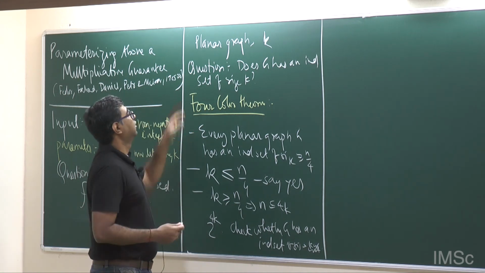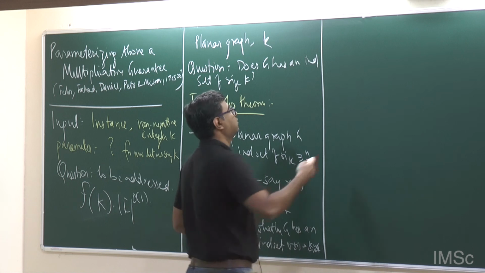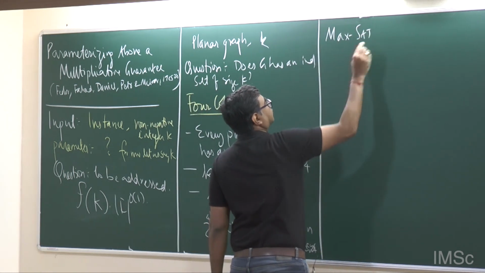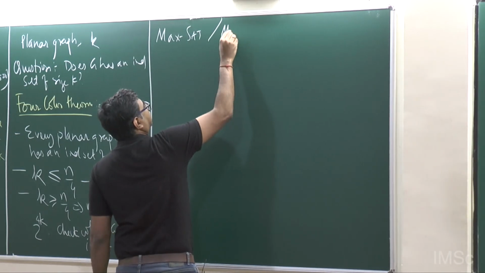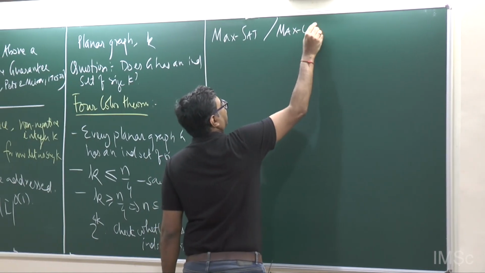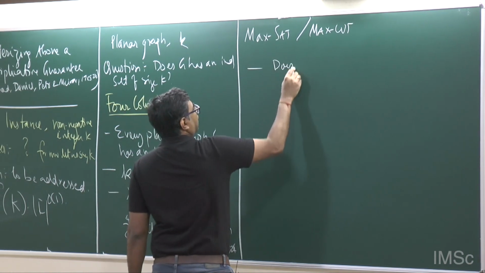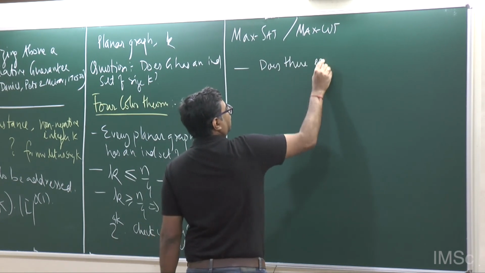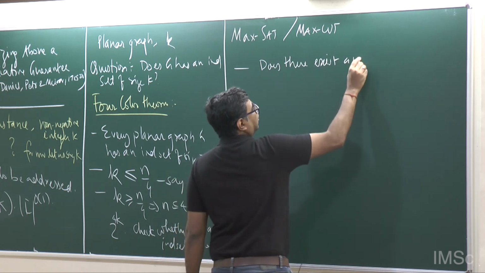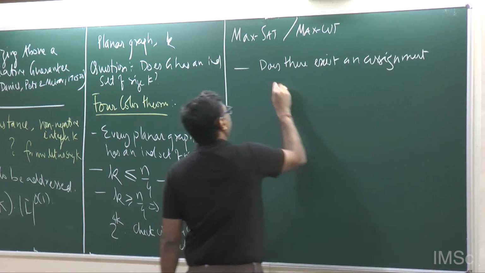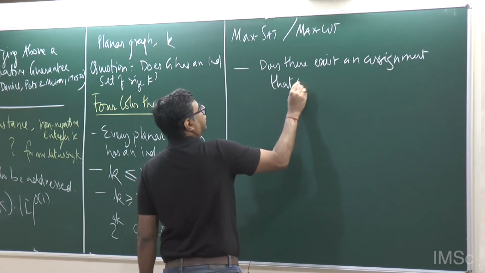So this phenomenon is not unique to just this problem, but there are other problems which people studied. Say, for example, max sat or max cut, right? And I ask the same question: does there exist an assignment that satisfies at least k clauses?